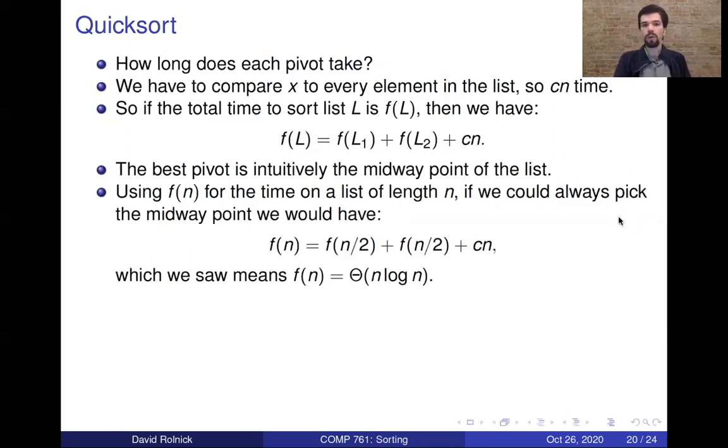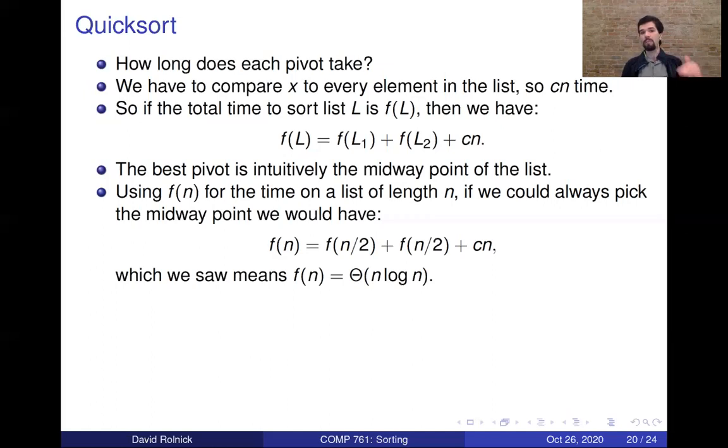If that happened, we would have f of n equal to f of n over 2, because that's the length of L1, plus f of n over 2, plus Cn. And we saw, in the case of merge sort, that means that f of n is going to be theta of n log n.